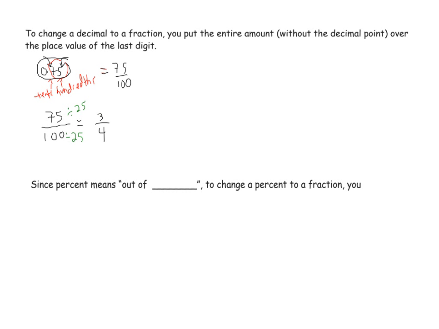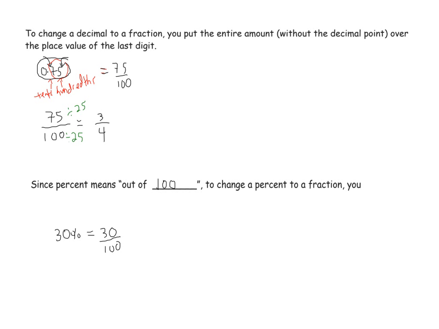And then, just a reminder, percent means out of 100. If we want to change a percent to a fraction, maybe we'll do an example and we'll try to put it in words afterwards. So let's say we want to change 30% to a fraction. Well, 30% means out of 100.